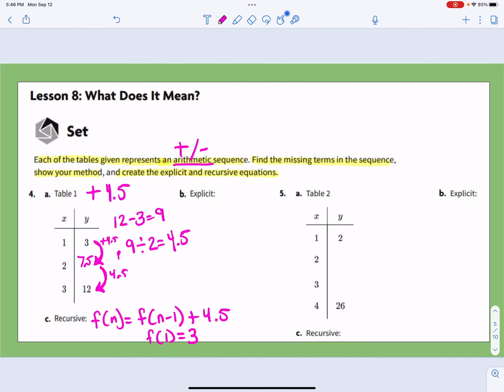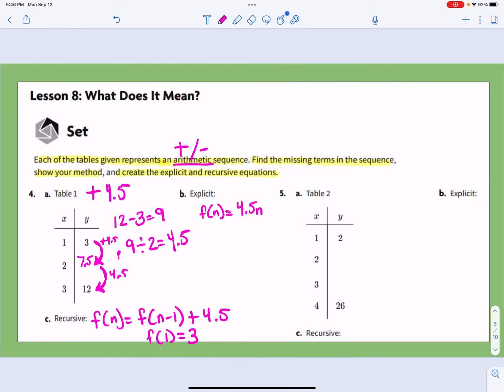In terms of the explicit formula, what we would say here is that f of n is going to be equal to, okay, what's it going to be equal to? Well, it's going to be equal to our rate of change, 4.5 times n, and then also, in a sense, our starting point.